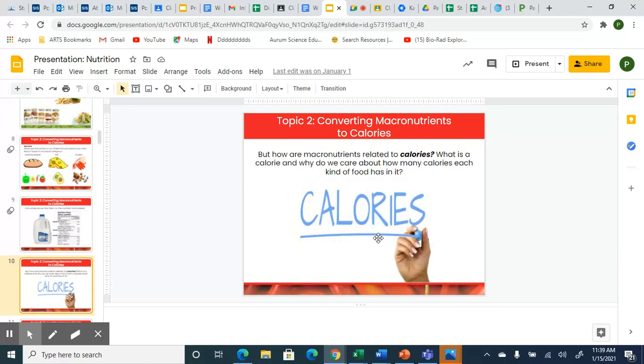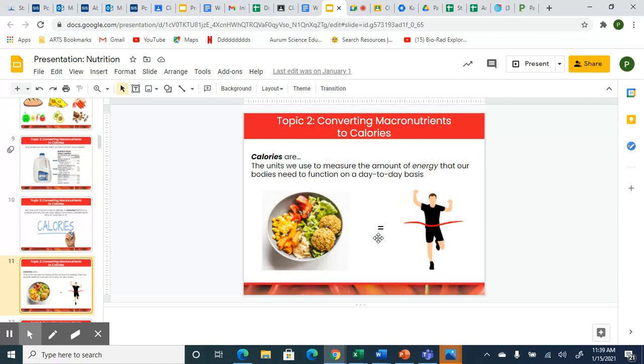So, how do we convert macronutrients to calories? So, calories are the units we use to measure the amount of energy that our bodies need to function. I believe we said a normal diet is between 2,000 to 2,500 calories a day.